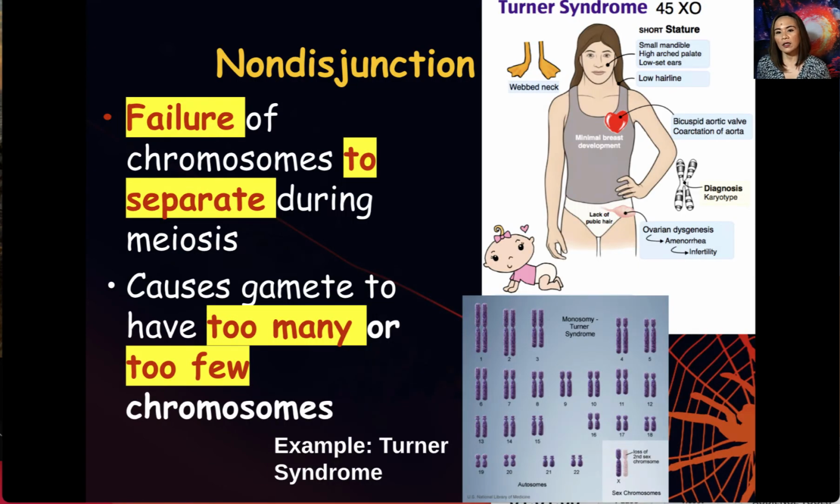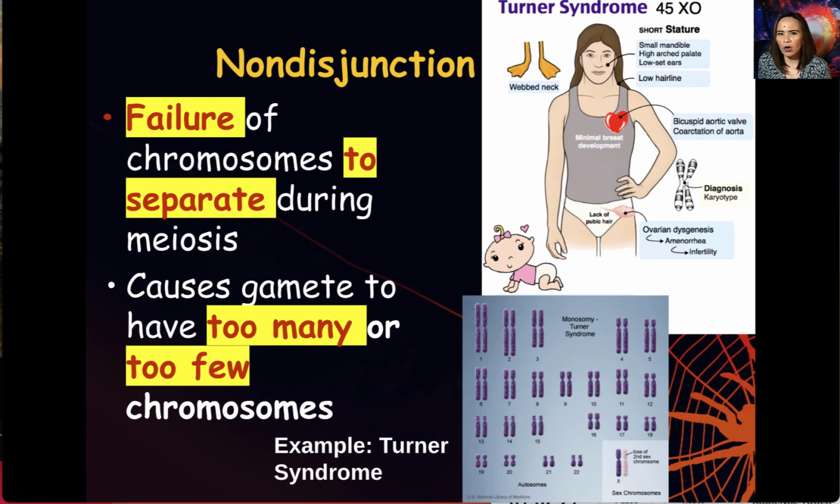The next one is nondisjunction. Nondisjunction is the failure of your chromosomes to separate during meiosis, and this causes the gametes to have too many or too few chromosomes. In this example, which is Turner syndrome, instead of having 46 chromosomes, there's only 45 because it is missing one chromosome, especially on the sex chromosome, which is the very last pair of chromosomes.